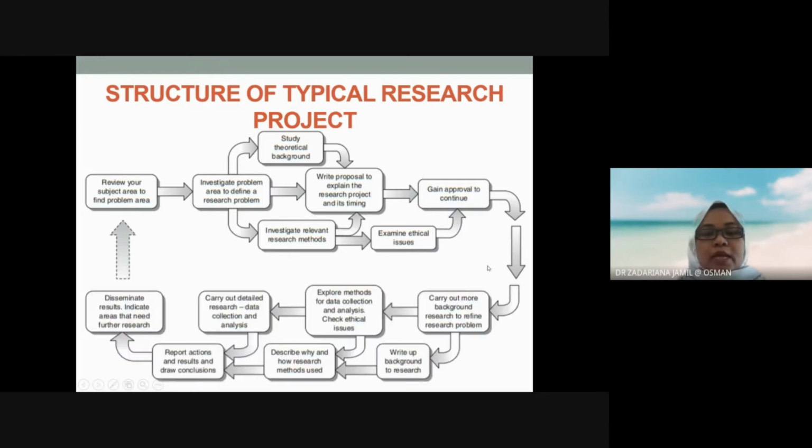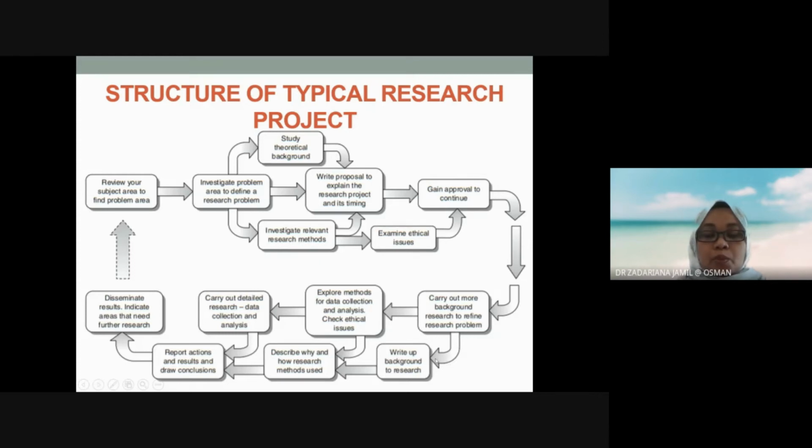So let's look at the next step after the approval of the proposal. You need to start to carry out a detailed research background of your study, and also to refine the research problem.